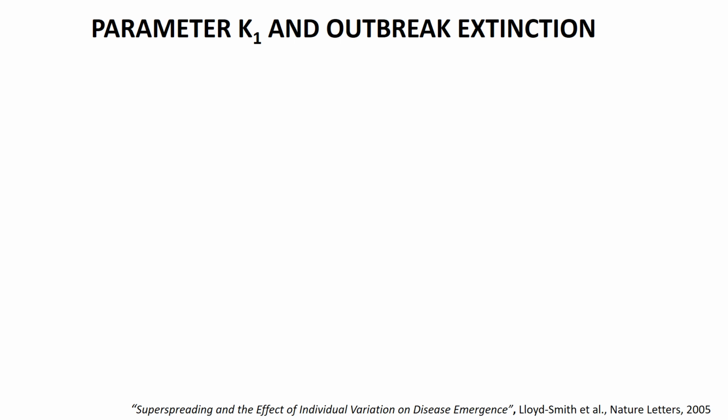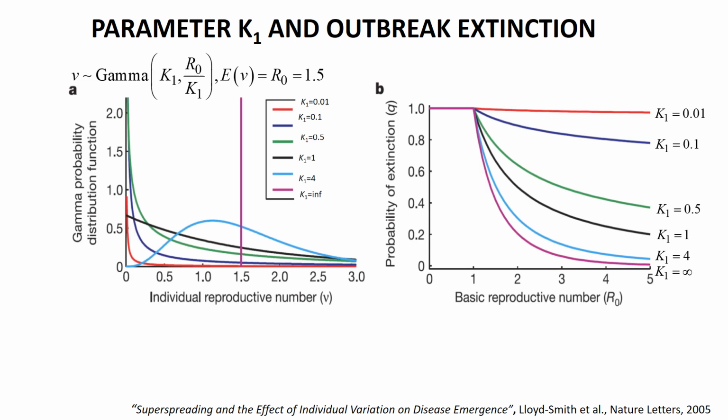In figure A, I've plotted the PDF for V, the individual reproductive number, parameterized on K1, the gamma dispersion parameter, and R0, the expected value of the individual reproductive number. We've seen this before. As K1 increases, we get less variance in V.